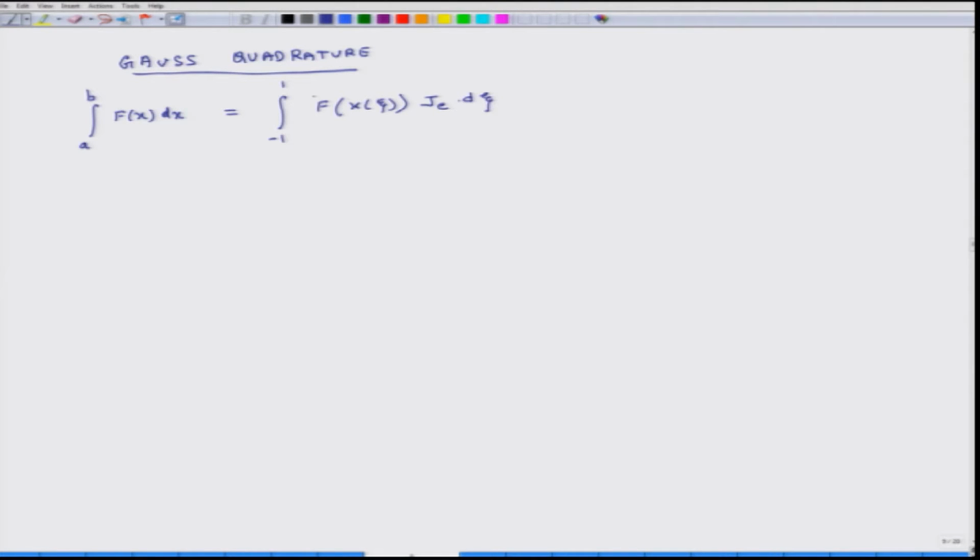Now, this entire thing could be written as another function f hat, which depends only on zeta, times d zeta, where f hat of zeta equals f of x, which is a function of zeta, times the Jacobian of the eth element.